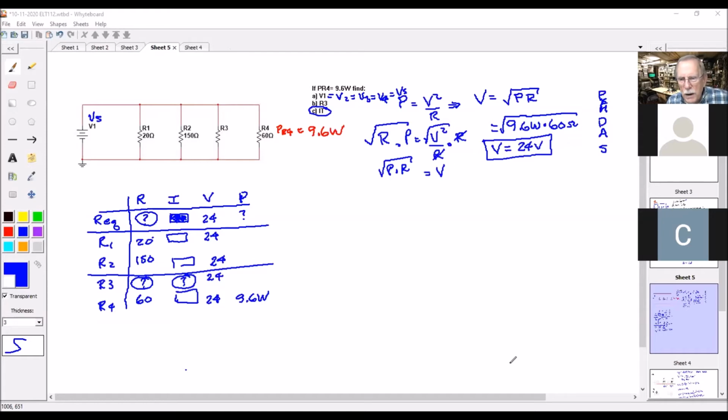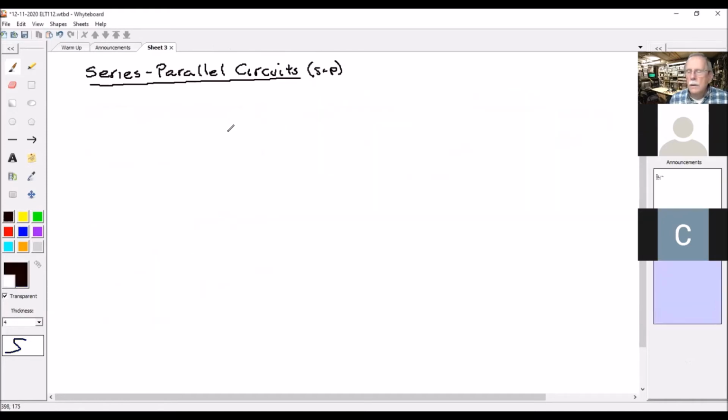Let's go to series parallel. So I don't have to write series parallel all the time, I'm going to just abbreviate it as S-P. All right.